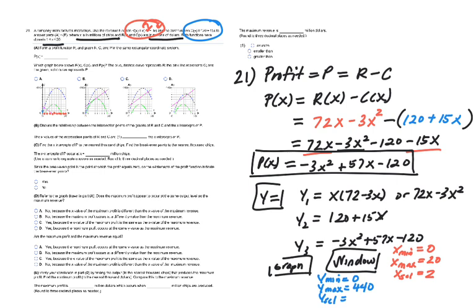So we have 1, 2, 3, 4, 5, 6, 7, 8, 9, 10, 11. So we'll divide 440 by 11. And so we have a scale of 40. And so now you'll choose graph.